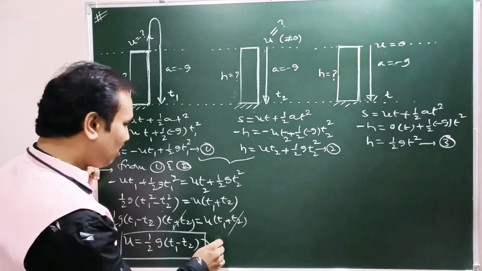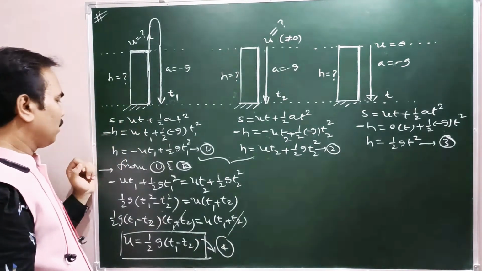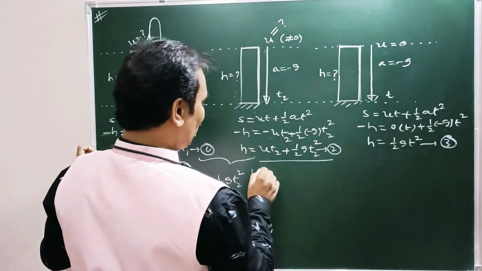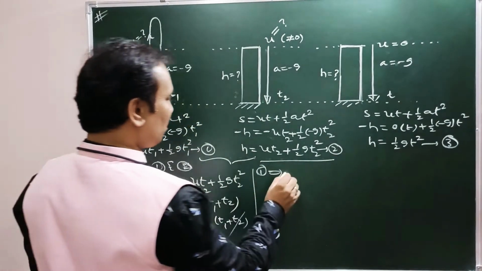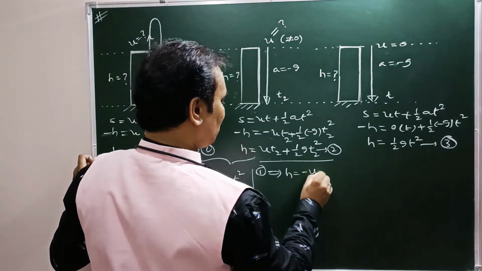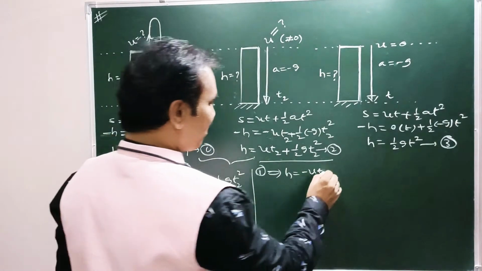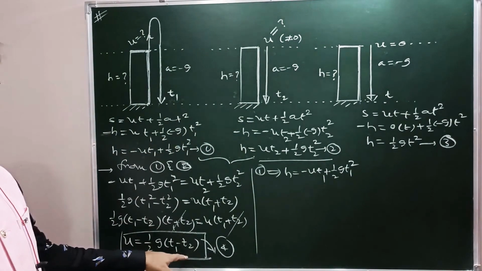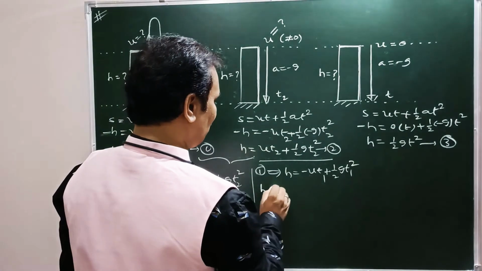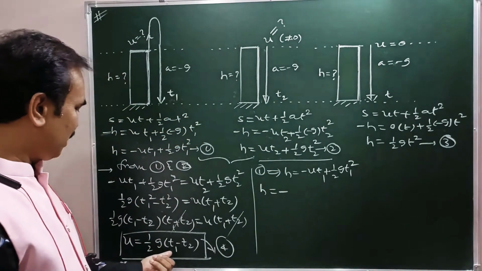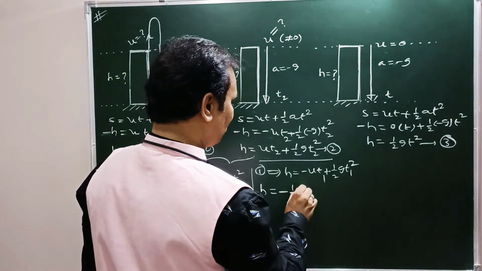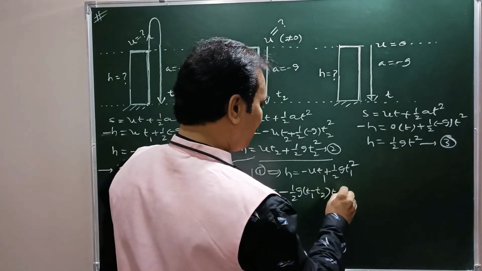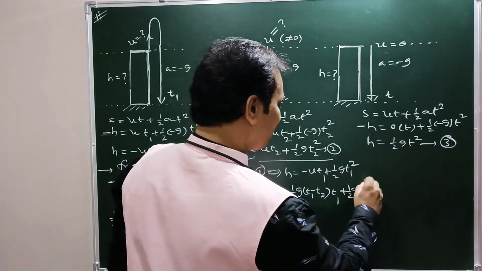Now from 1, h equal to minus ut1 plus half g t1 square. What is u? u means half g into t1 minus t2, so replace: h equal to minus half g into t1 minus t2 into t1 plus half g t1 square, right?